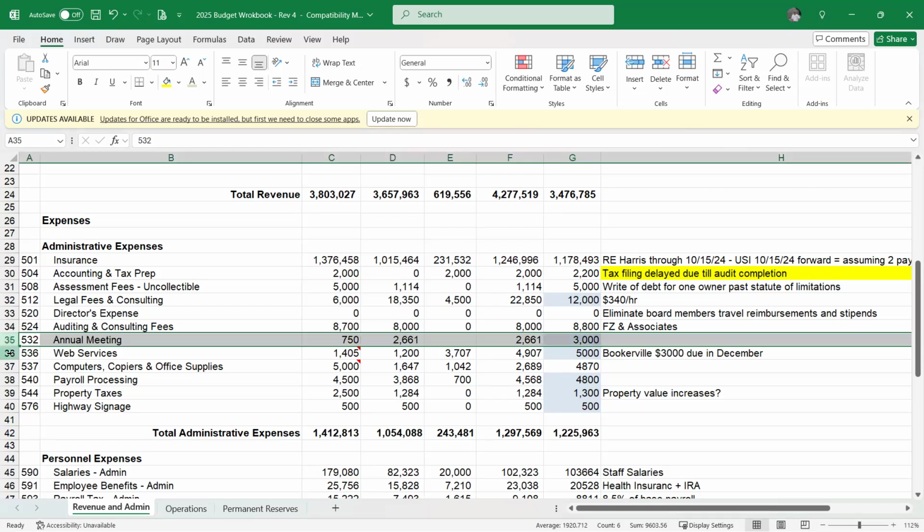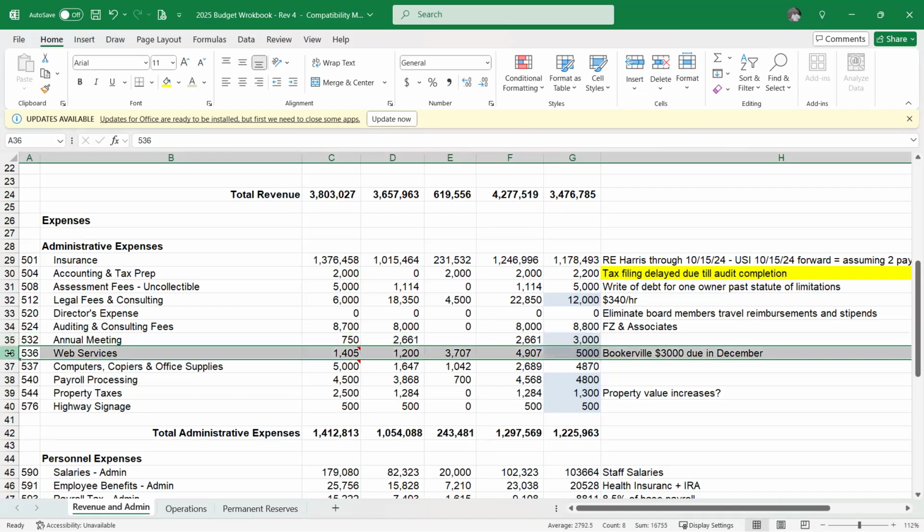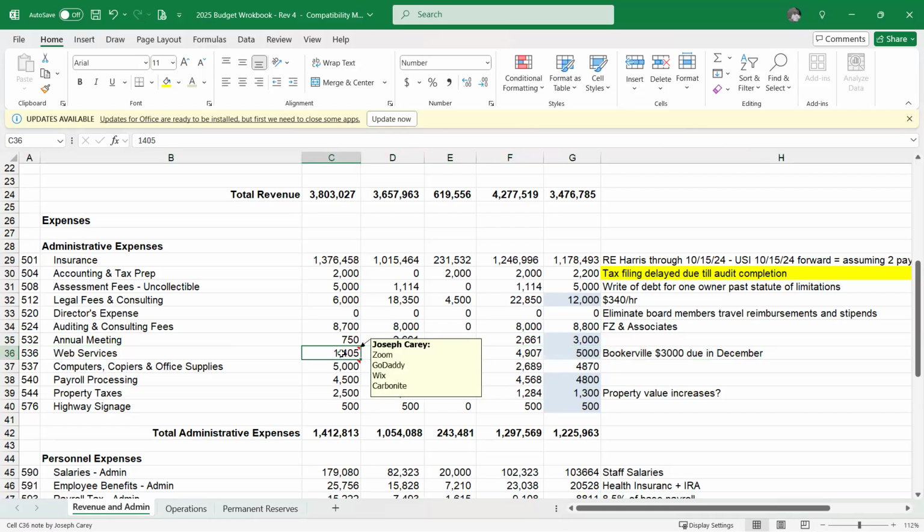Okay, moving on. Web services, these are basically, I think I have a note here, it's our Zoom account, our GoDaddy account.